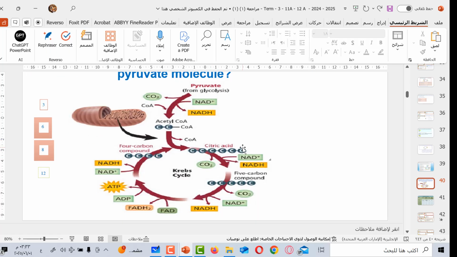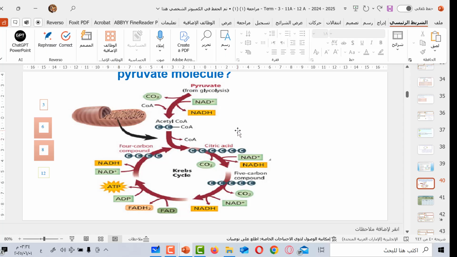Okay, you will see here, if you see ATP, ATP, ATP, ATP, this is 1 ATP, okay? He gave options 3, 6, 8, or 12. This is a pyruvate, and no ATP here, no ATP here, no ATP here, just in this one.